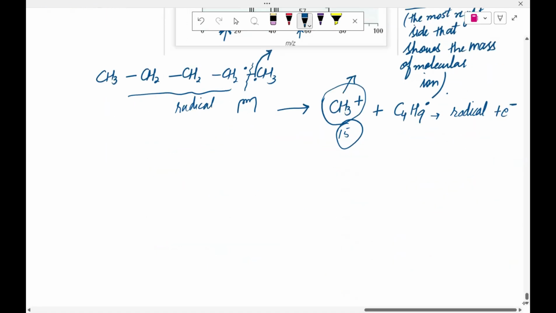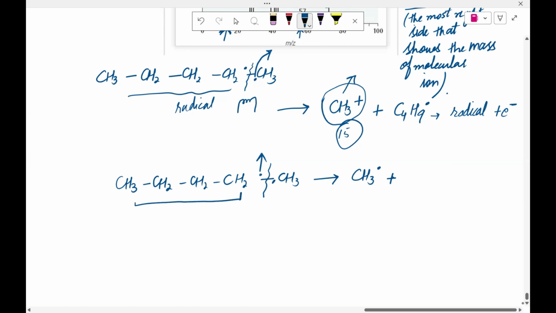If we look further towards other peaks, let's look at this 57. How does it come? If the structure remains the same like this, and now this electron has been removed, then what is going to happen? CH3 would become a radical like this, and as this has lost the electron, it has become an ion, C4H9 with a positive charge.